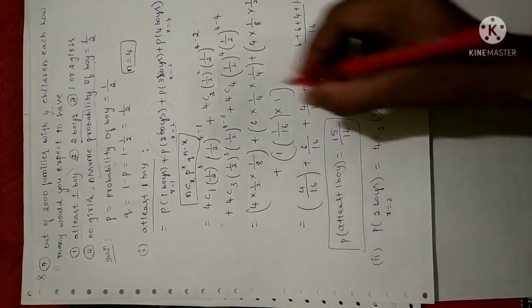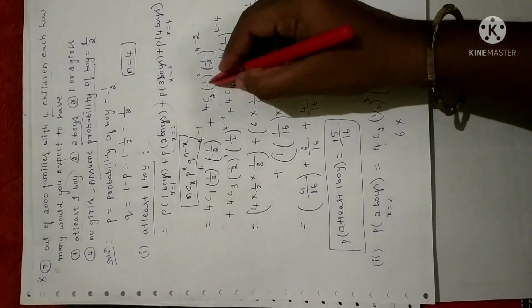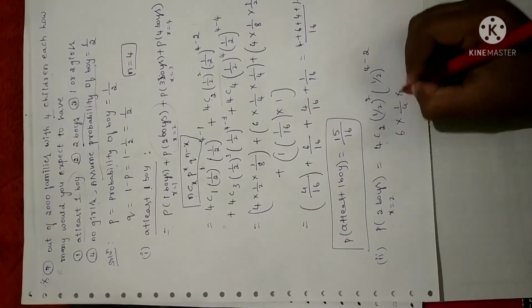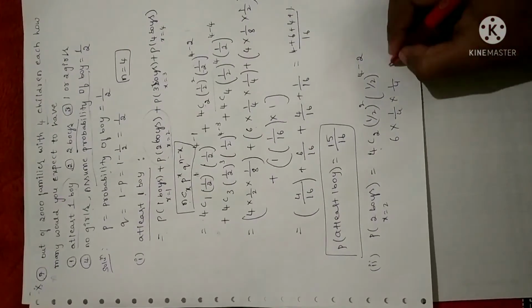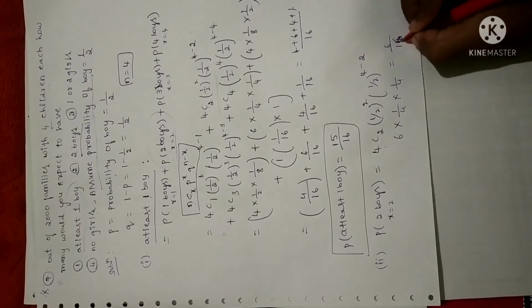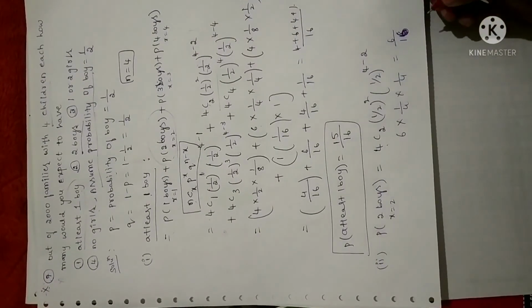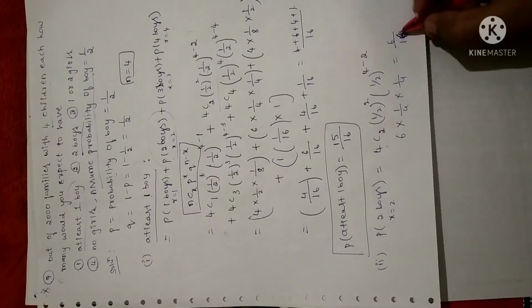So 4C2 value is, we have already done. 4C2 is 6 into 1 by 2 square is 1 by 4, into 1 by 2 power of 4 minus 2 is again 1 by 4. So after simplification you will get 6 by 16. If you want, you can simplify further. Fine. So it is 6 by 16.